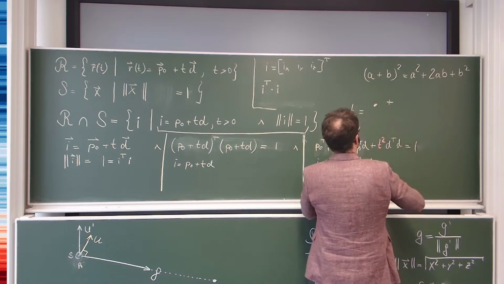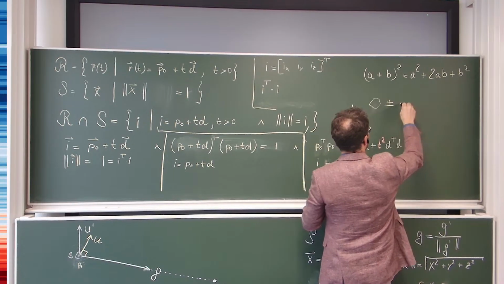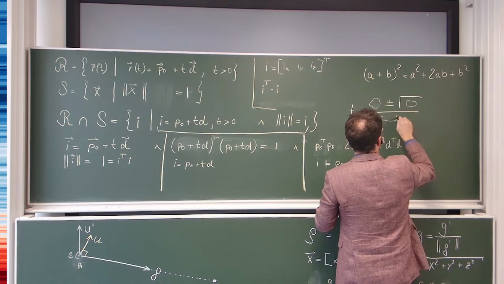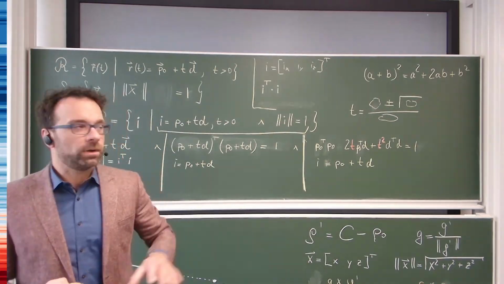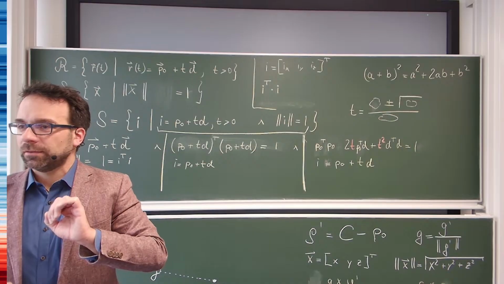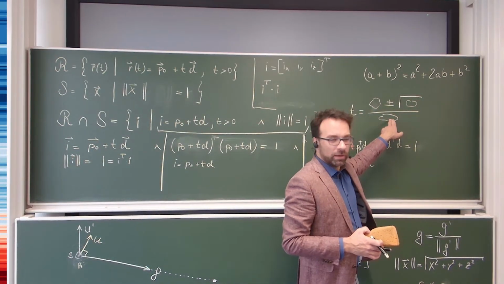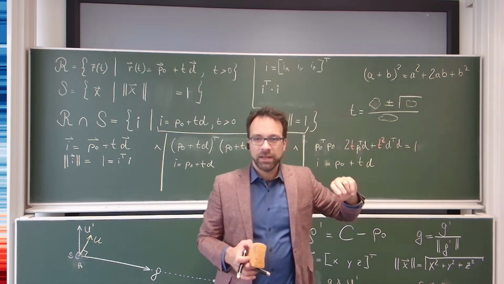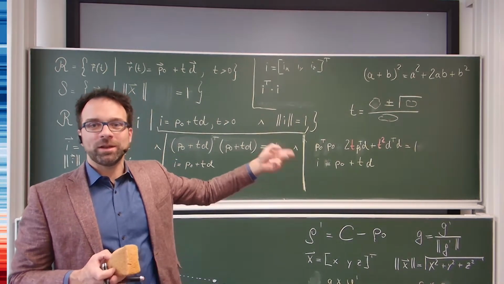So, no, let me do it this way. Some blah plus or minus some other thing, and maybe this is the ABC formula, or this is a PQ formula. Anyway, that is the basic shape of this thing. And then something is here, you have the square root, you have another thing down here, and you have a plus or a minus. And you then carefully look at this, and depending on if you take the plus root or the minus root, you can see if the one is bigger than the other.